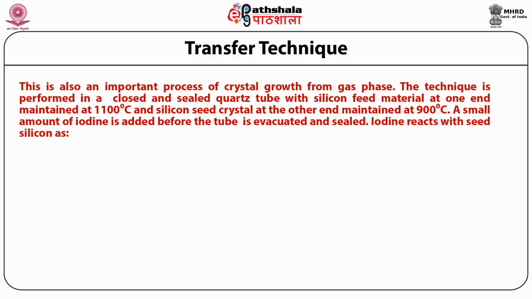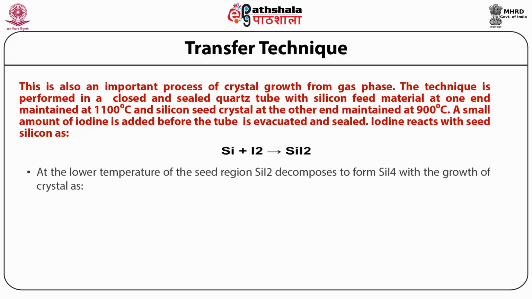A small amount of iodine is added before the tube is evacuated and sealed. Iodine reacts with silicon as Si plus I2 gives us SiI2. At the lower temperature of the seed region, SiI2 decomposes to form SiI4 with the growth of a crystal as 2SiI2 gives us SiI4 plus Si.